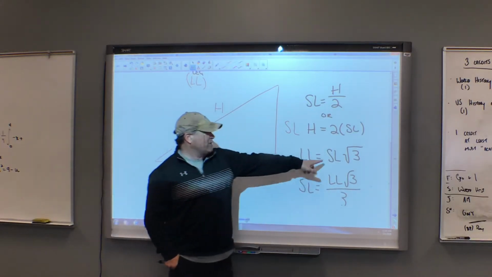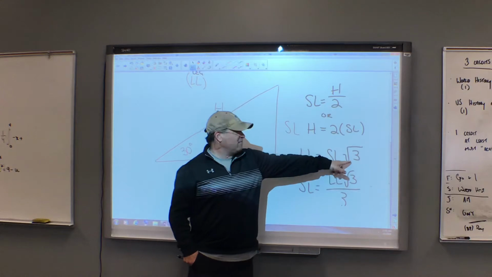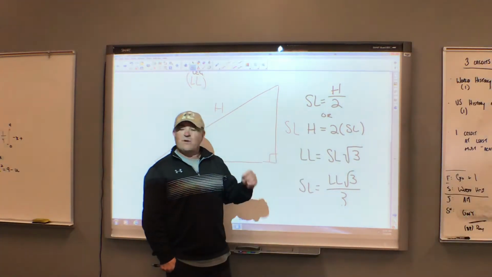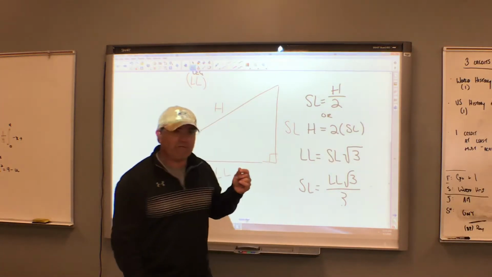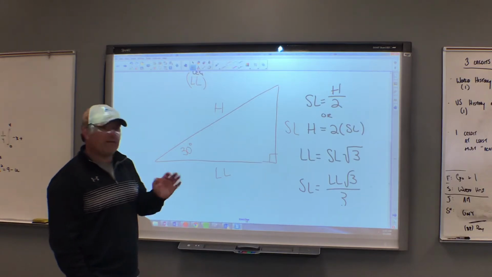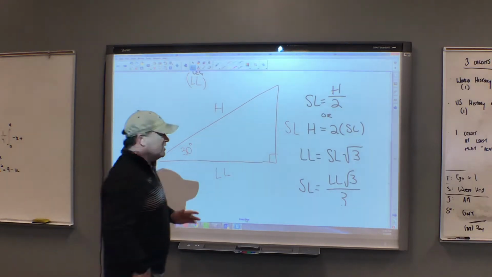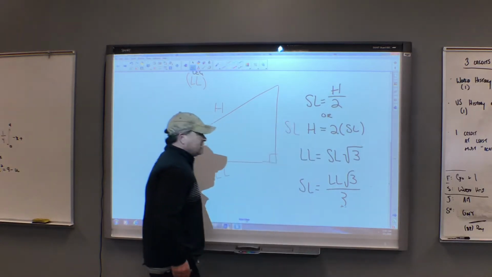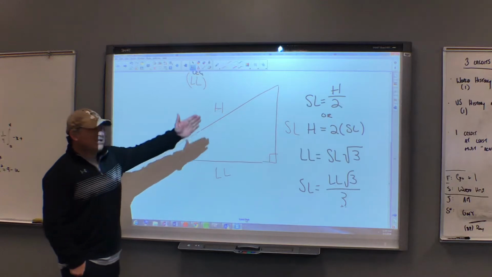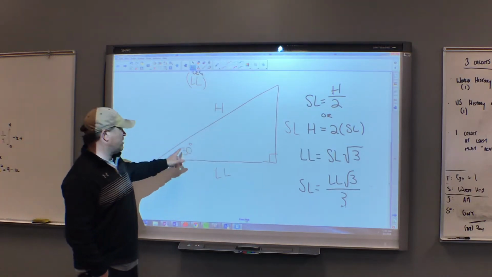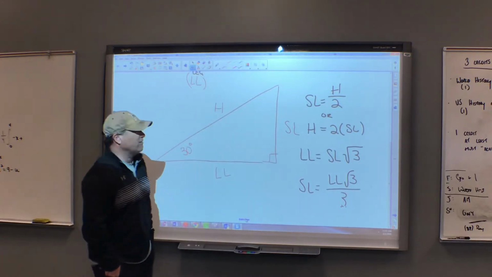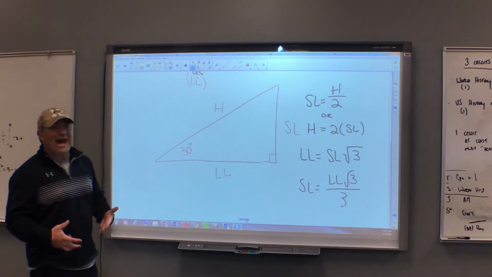Basically, we solved this for short leg by dividing both sides by the square root of 3, which gives you long leg over root 3. Then we multiplied the top and the bottom of that fraction by the square root of 3 in a process called rationalizing the denominator. All that you don't need to know. You just do need to know that the short leg is going to be long leg root 3 over 3. Now these relationships are always true in a 30-60-90 right triangle. So that's just fact.